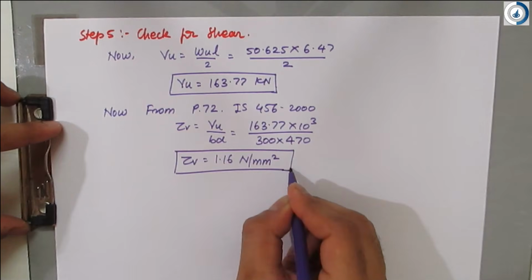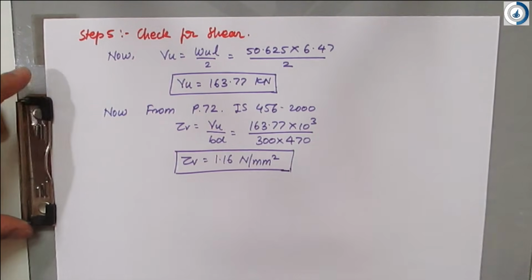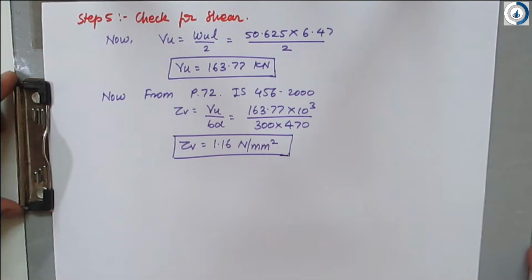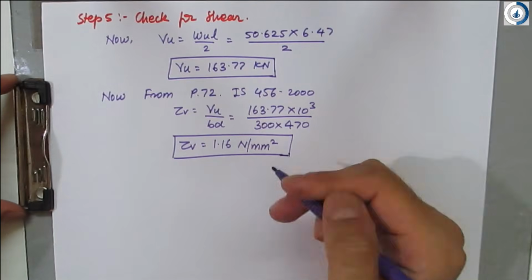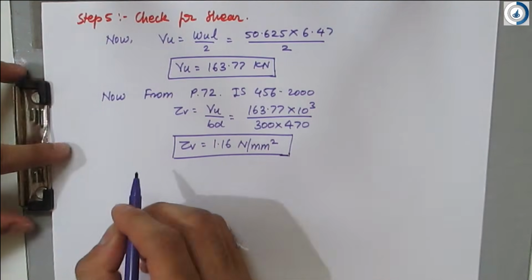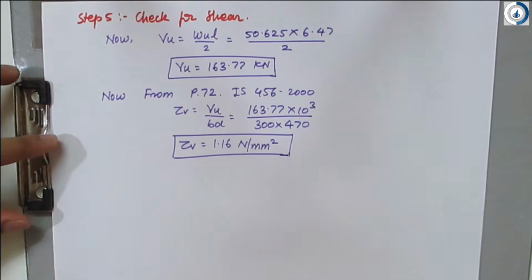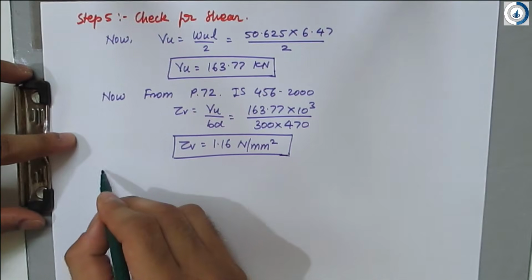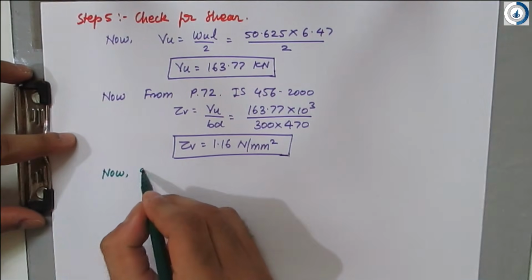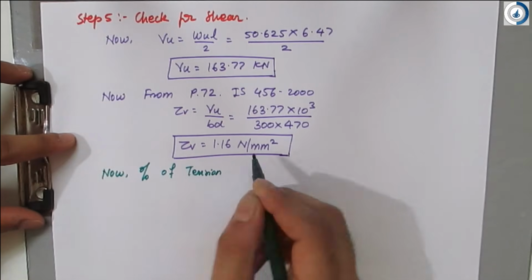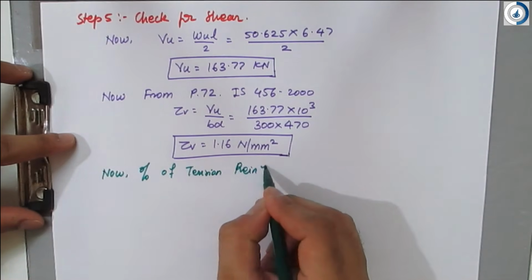Make a habit to mark these values in a box so that the evaluator who is checking your paper gets to know the exact values. Okay. So from this you have to calculate the percentage of tension reinforcement.